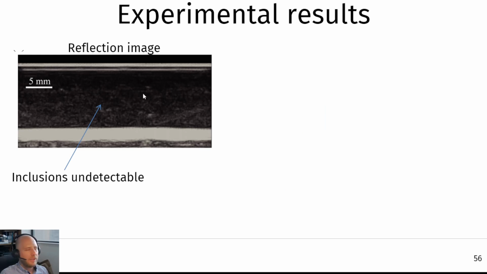So first of all, we look at a reflection image, and what you'll notice is there's not much to see, so we can't see any reflections from the boundaries. Just to say, this is from a medical ultrasound scanner, so it's effectively using the total focusing method to generate its reconstruction.